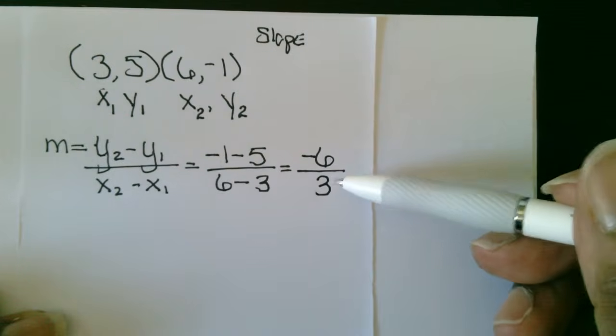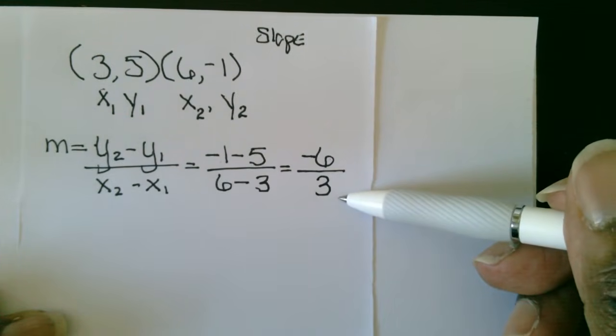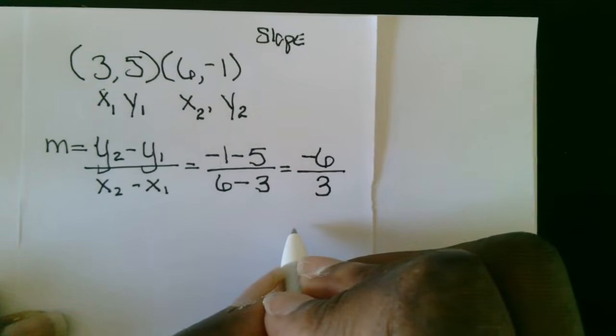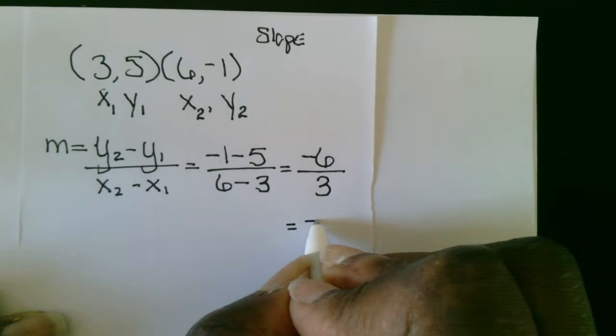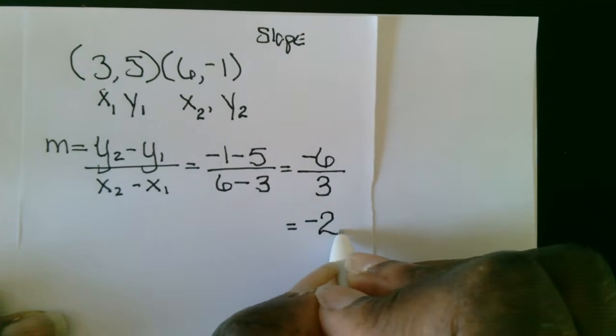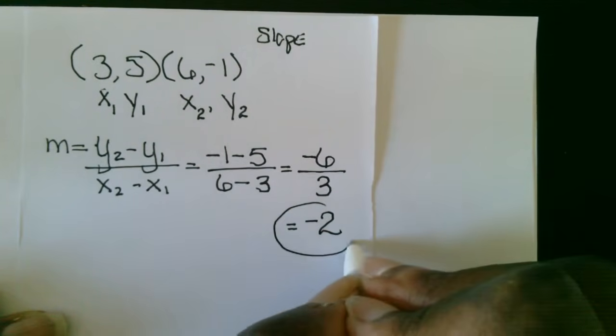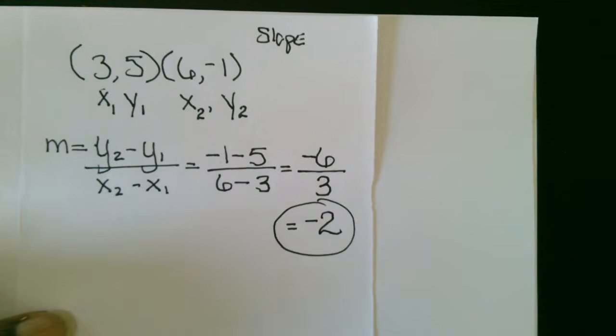So we can do the division. So we can simplify this. Negative 6 over 3 gives us a negative 2. Okay? So for some people that were giving me 3s and 2s, do we see what happened now? Okay, good. Here's the other thing.